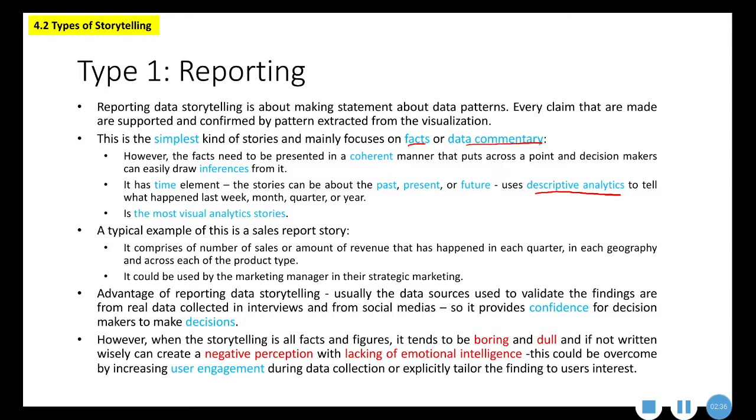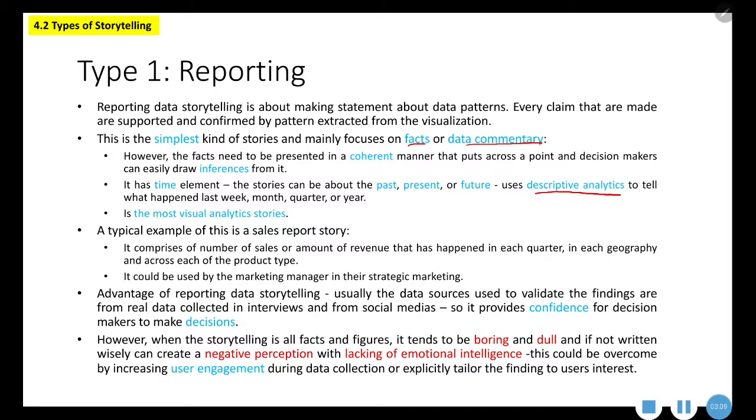A typical example of this kind of data storytelling is a sales report story, where it comprises the number of sales and the amount of revenue in each quarter, probably in each geographical location and across each product type. Then it can be used by the marketing manager in their strategic marketing.